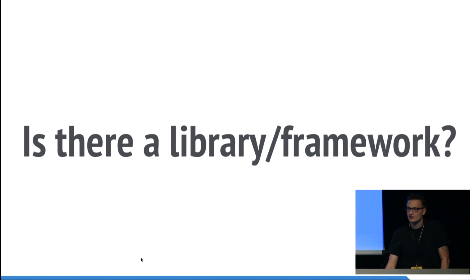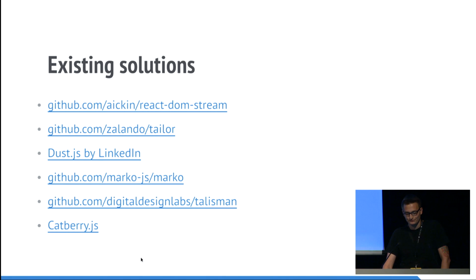And another question you might be wondering is, is there a library or framework which makes it possible? We don't want to read a lot of docs and write this stream I showed before. And of course, there are a lot of ready solutions for that.